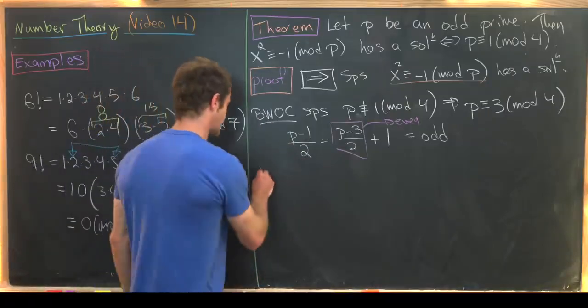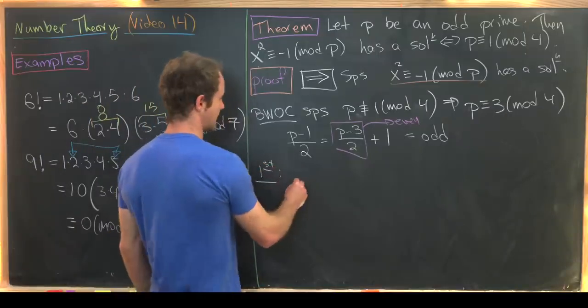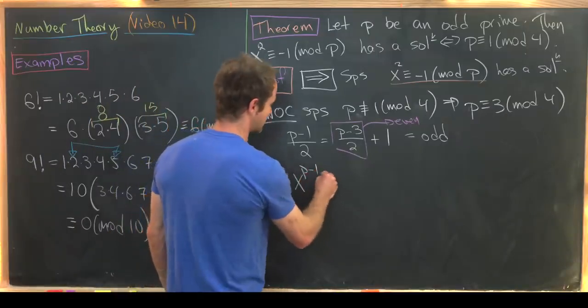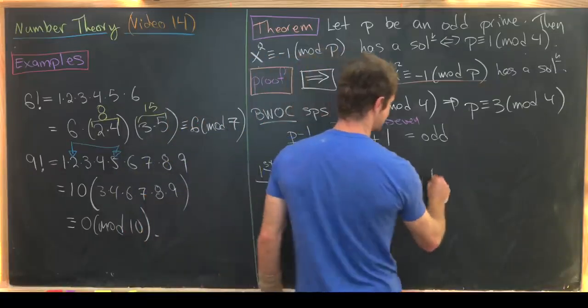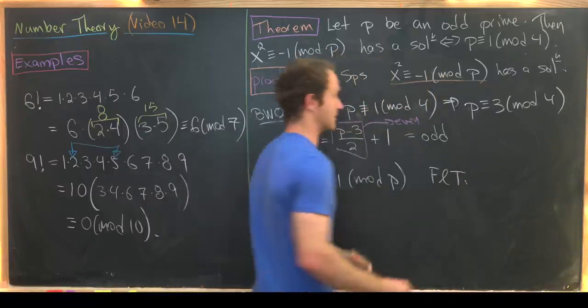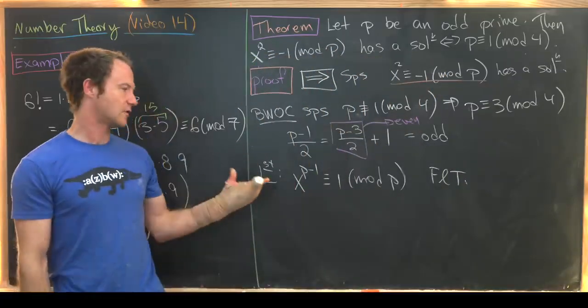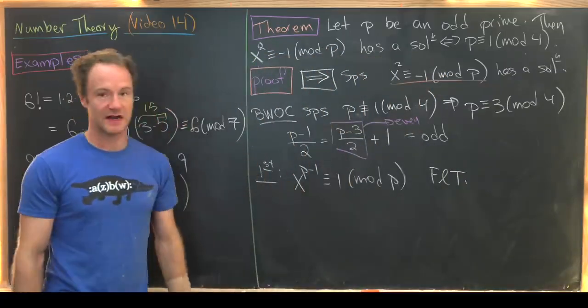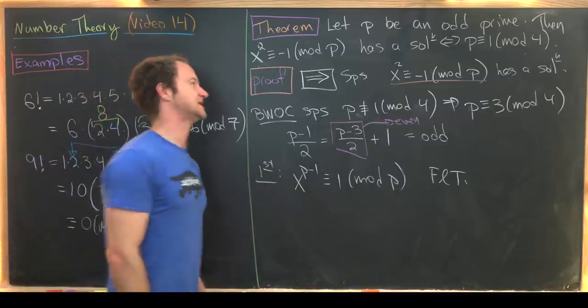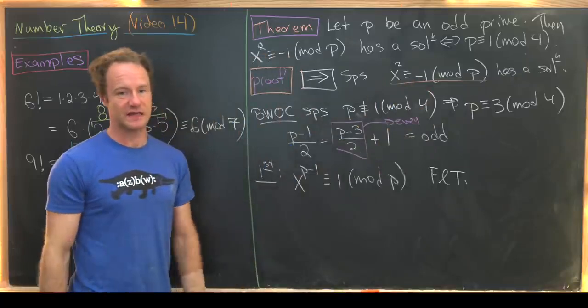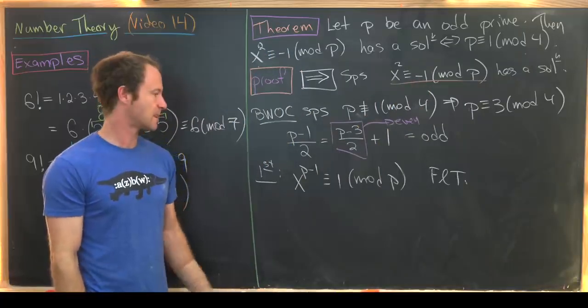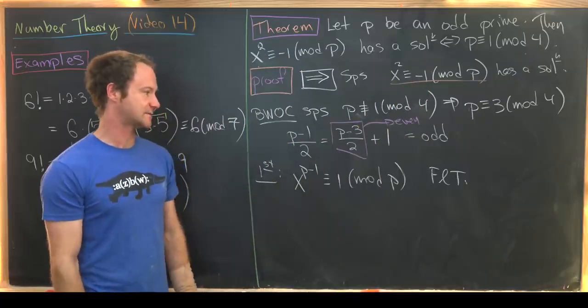Okay, so first off, we know that x to the p minus 1 is congruent to 1 modulo p, and that's by Fermat's little theorem. Well, that only holds if p does not divide x. But since x is a solution to this equation right here, it's kind of obvious that p does not divide x. Okay, so that's one fact.